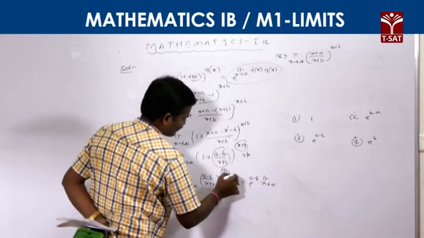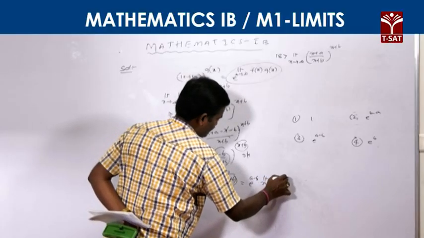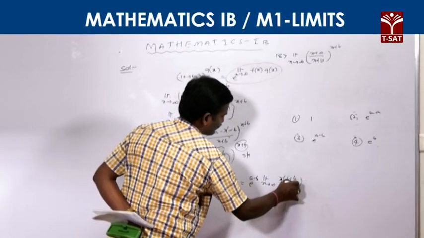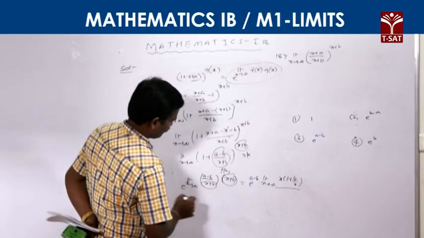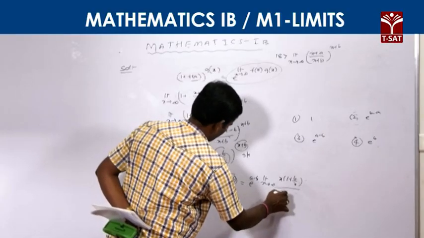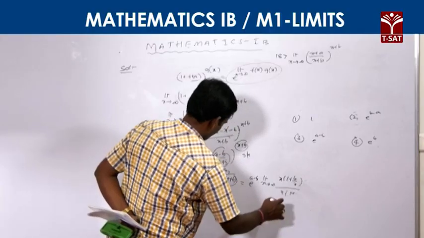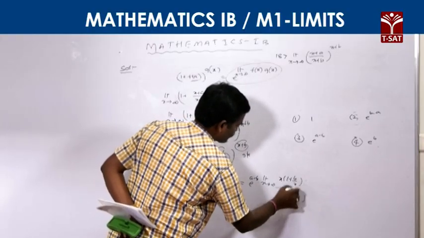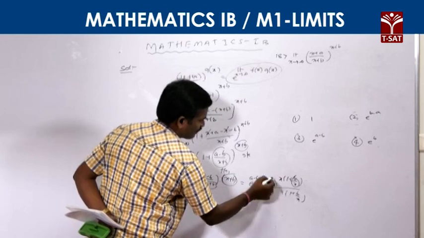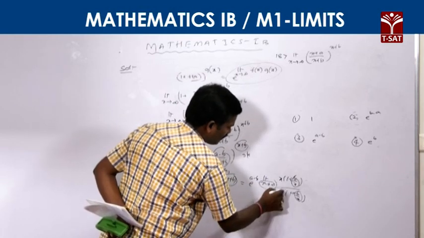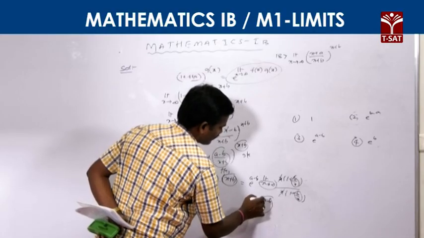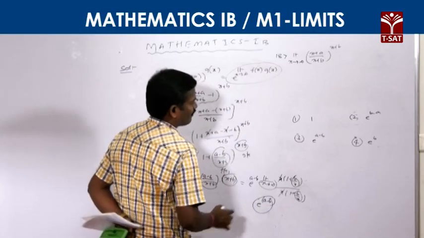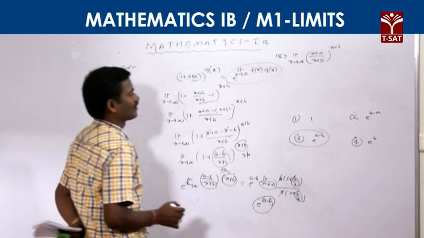Here x is taken common in the numerator, so that is 1 plus b by x, and by the denominator also taken common, x into 1 plus b by x. So this part is 0, as x extends to infinity, 1 by x tends to 0, so this is also 0. x cancels. So e power a minus b is the answer. This third option is the correct option.